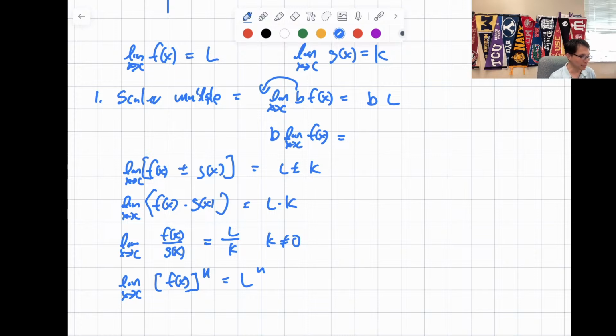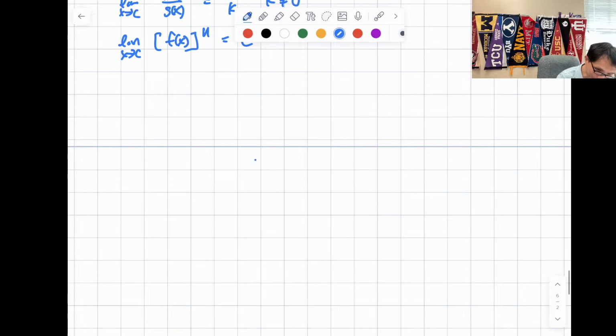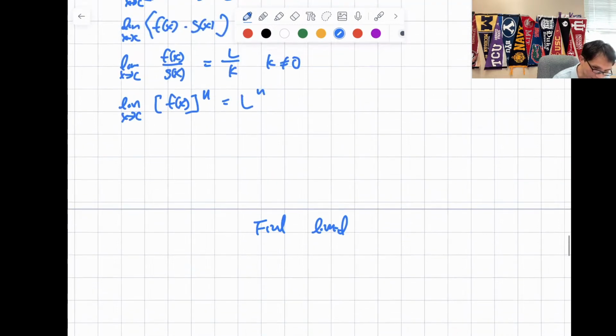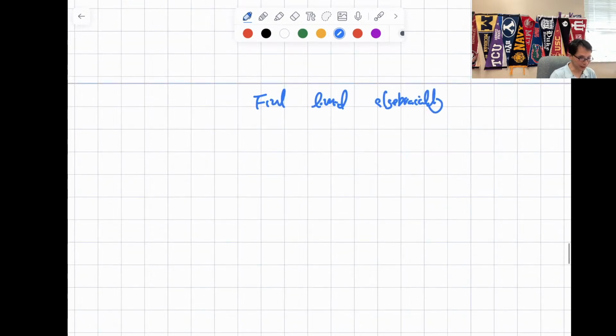Okay, so those are basic limits. Now we're gonna talk about finding limits as x approaches C. Finding limits algebraically. First thing is, with your limits, you're gonna plug in the value.